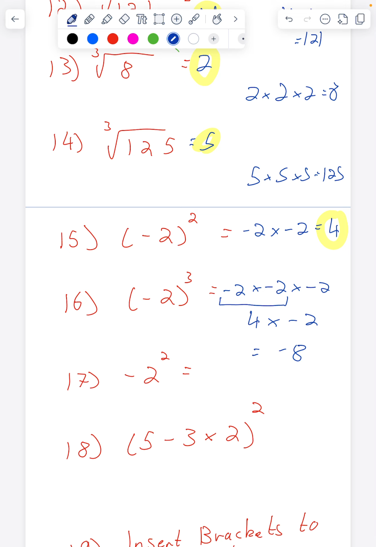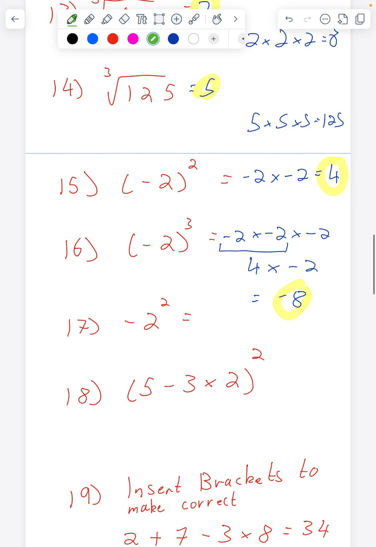Now, a handy little tool to help you remember this, and there's not a lot of room on the page, is there, but I'll write it up anyway, is this grid over here. If you are multiplying or dividing numbers, you can use this. It's saying, if you multiply or divide two numbers, if they are both positive, you get a positive outcome. If one is negative and one is positive, you get a negative answer.